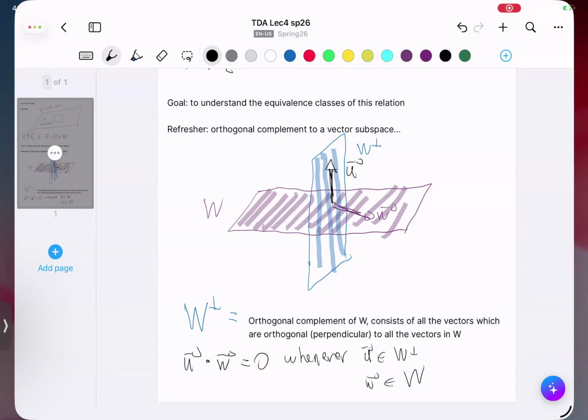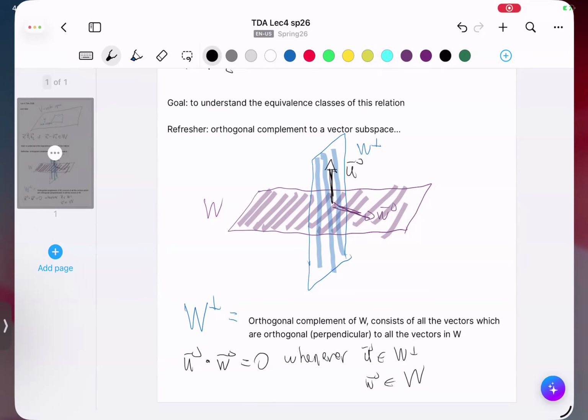The reason why I'm saying this picture is not that great is because it looks like they are intersecting, but the only intersection between the two is the zero vector. I'll make this a remark: if a vector simultaneously lives in the vector subspace W and the orthogonal complement, it is perpendicular to itself, and the only vector that's perpendicular to itself is the zero vector.